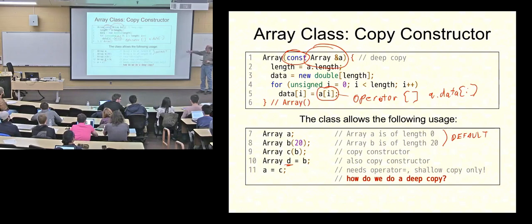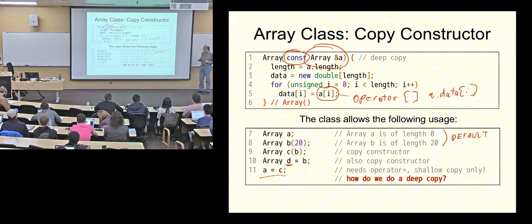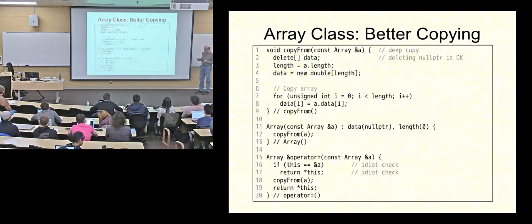Now if I say after something's created A equals C, we need operator equals, and if we don't write it, we get a shallow copy, so we better go implement a deep copy version of operator equals.